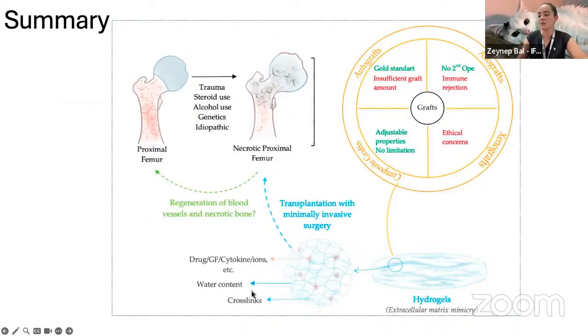You can change everything by playing with the crosslinks. You can adjust water content. You can add drugs, growth factors, cytokines, ions, nucleotides. Then you can transplant it with minimally invasive surgery or just injection, and you can observe the regeneration of blood vessels and necrotic bone.